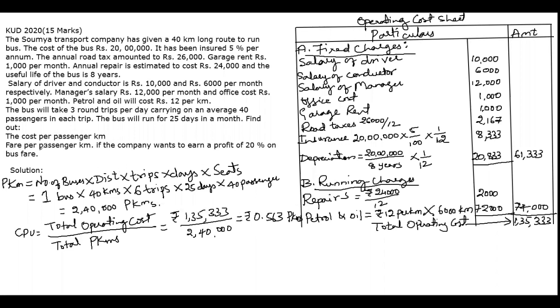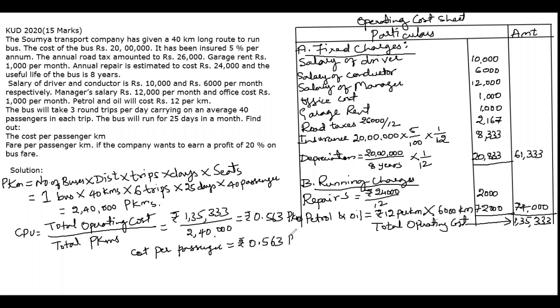Now, for the second one, fare per passenger kilometer, if the company wants to earn a profit of 20% on bus fare. For this, cost per passenger is equal to rupees 0.563 per passenger kilometer that we have calculated here.